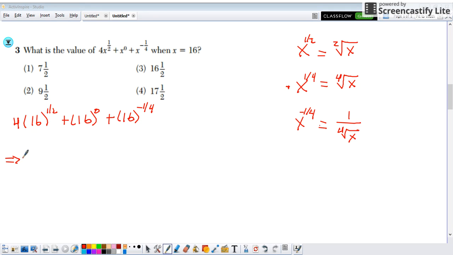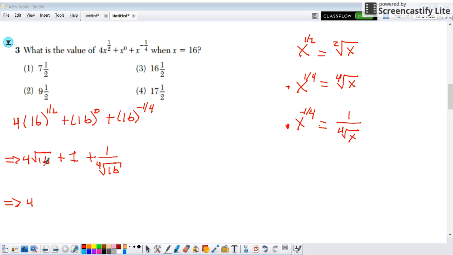So we have 4 times 16 to the 1/2. According to this, we can rewrite it as the square root of 16. Plus any number raised to 0 is always 1, plus 16 to the negative 1/4, and according to our third bullet point here, we can rewrite it as 1 over the 4th root of 16. So now we simplify.